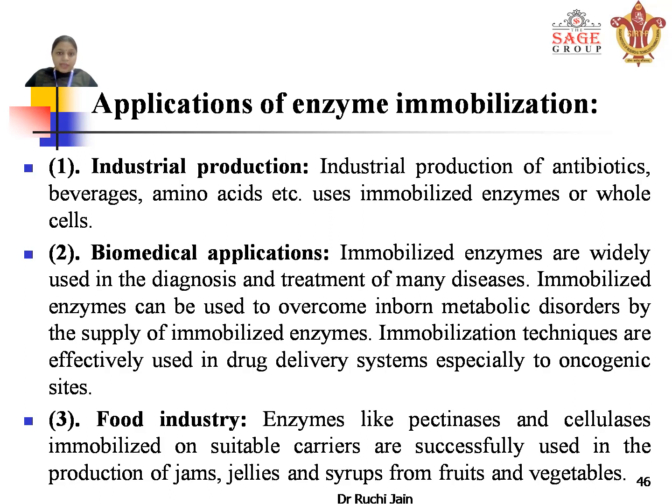They are used for the diagnosis and treatment of various types of diseases. Enzymes are sometimes used in drug delivery systems also, to deliver the drugs to the oncogenic sites as well. In food industries also, pectinases and cellulases are used to produce jams, jellies, and syrups from fruits and vegetables.